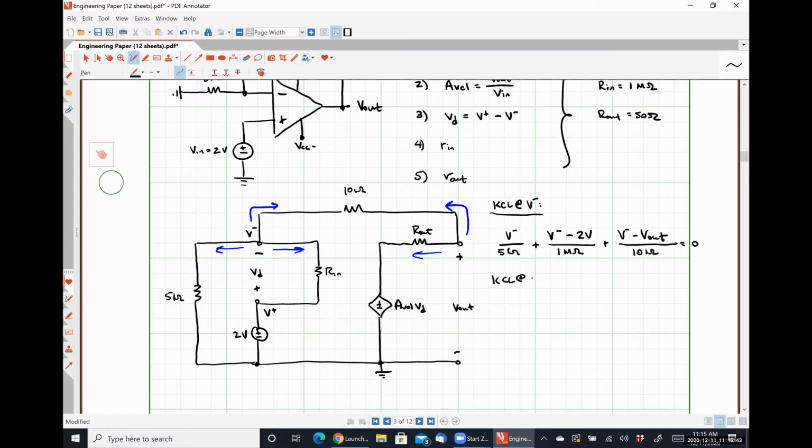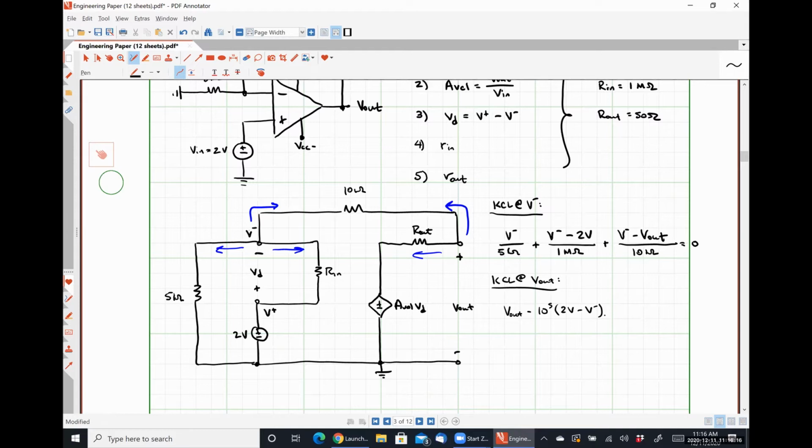We do KCL at our output node. We have V out minus AVOL, 10 to the 5, times VD, which is 2 volts minus V minus. So because the voltage present at node V plus with respect to ground is 2, the voltage present at the inverting input terminal with respect to ground is nodal voltage V minus.